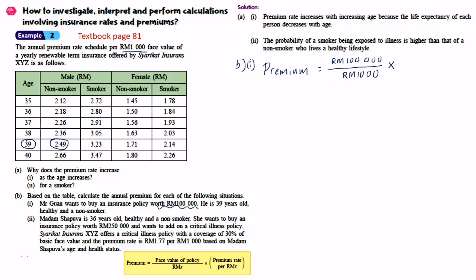So the premium rate here, for 39 years old, male, non-smoker, is 2.49. Mr. Guang's annual premium is RM249.